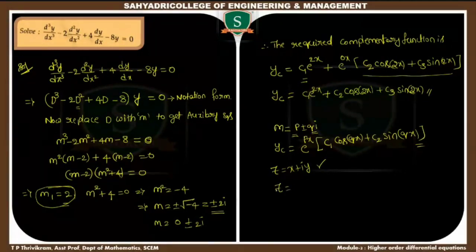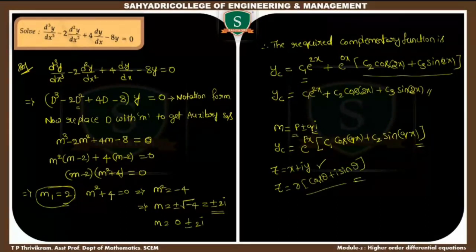Then how to write the polar form for this? r into cos theta plus i sin theta, right? This is the polar form of a complex number. So we have written the solution in terms of polar form here, where r is expressed in terms of exponential.